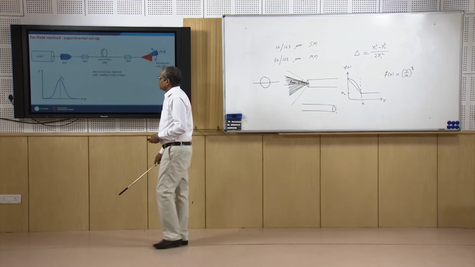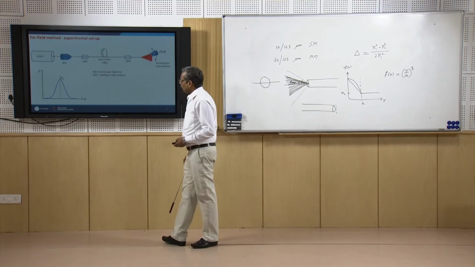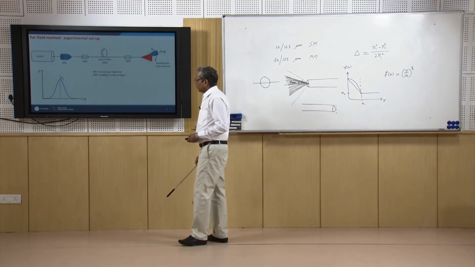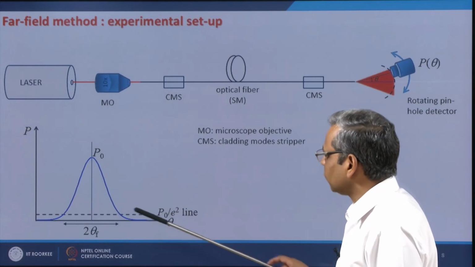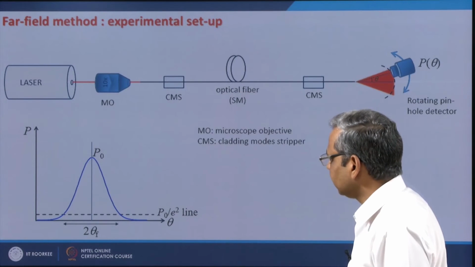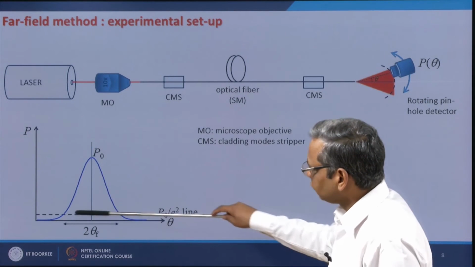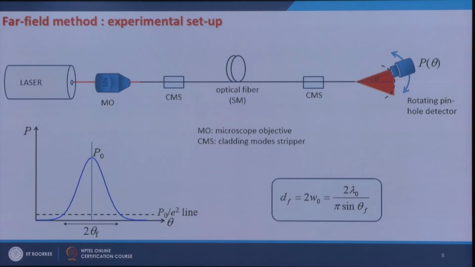When I plot it, it looks like this, and then to find out theta_f, I draw a line which corresponds to P0 over e squared, where P0 is the peak intensity here, and I measure this angular width. This is 2 theta_f, and from here I can get d_f, which is the mode field diameter.